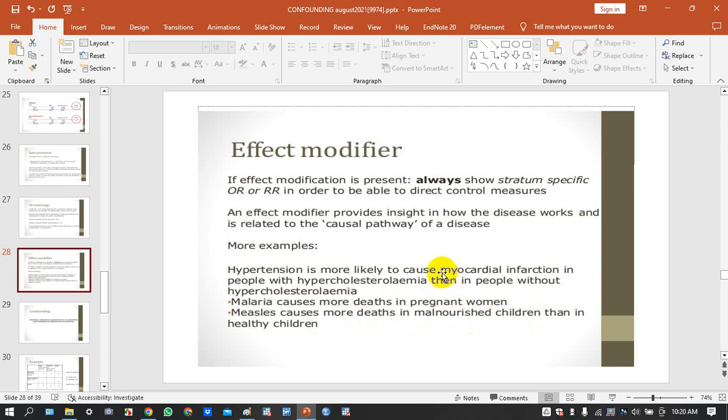Effect modifiers are different from confounders. Effect modifiers increase the likelihood of getting a condition or an outcome, whereas confounders confuse or distort the outcome. It doesn't give us the actual presentation, it biases the results. So our effect modifiers were hypercholesterolemia, pregnant women, and malnourished children, because they increase the risk or likelihood of getting a condition.